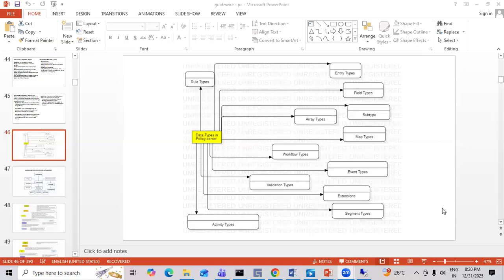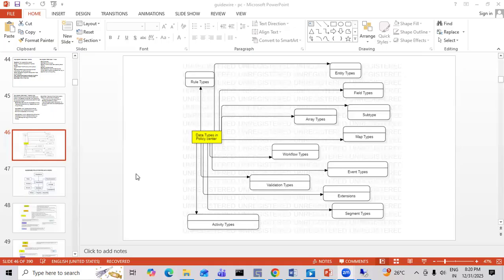Then validation types, segment types, and activity types. These are the different data types we have. Clear now? Got it?